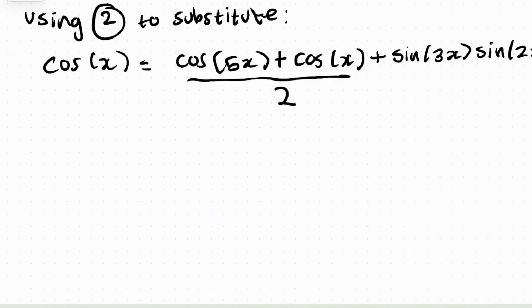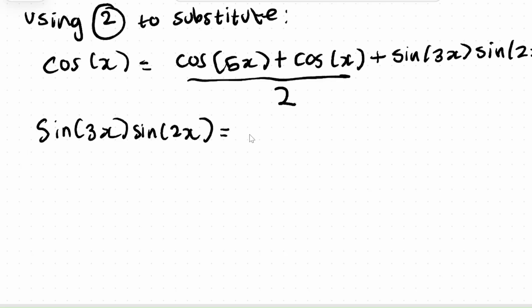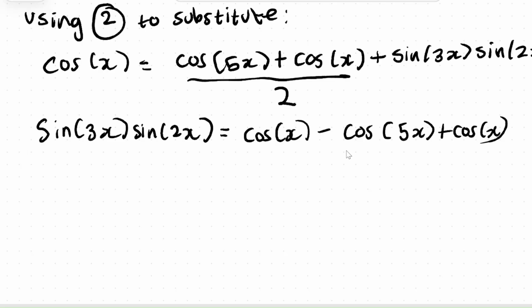So now we can make it the subject of the formula, saying sine 3 of x multiplied by sine 2 of x is going to be equal to cos of x minus cos 5 of x plus cos of x divided by 2.